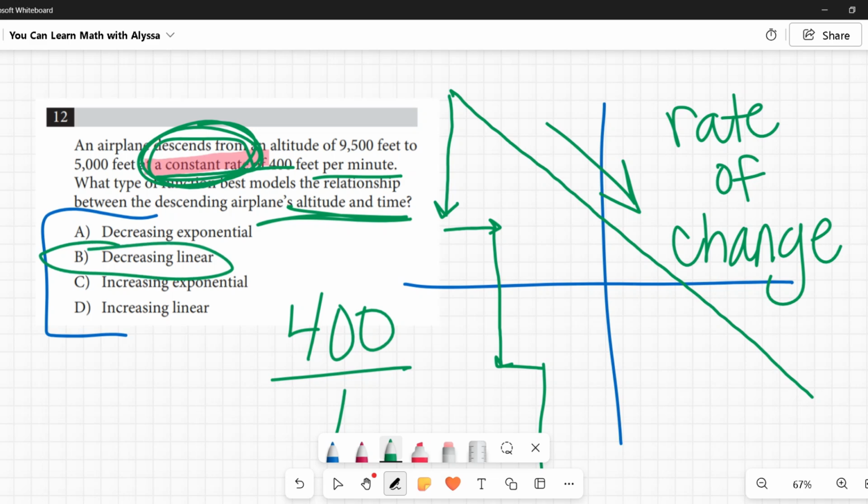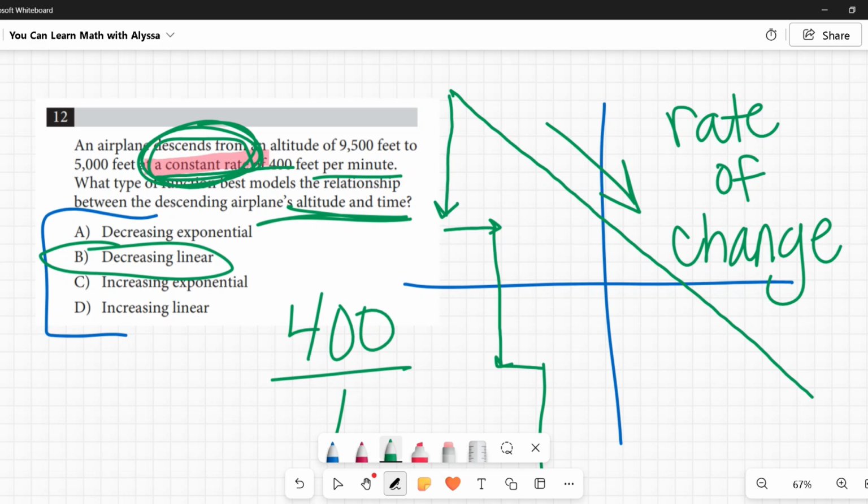We don't actually have to write out or figure out the equation of that line. The plane is descending, it's going down over time, and we're told it's a constant rate of change. It's not speeding up or slowing down.